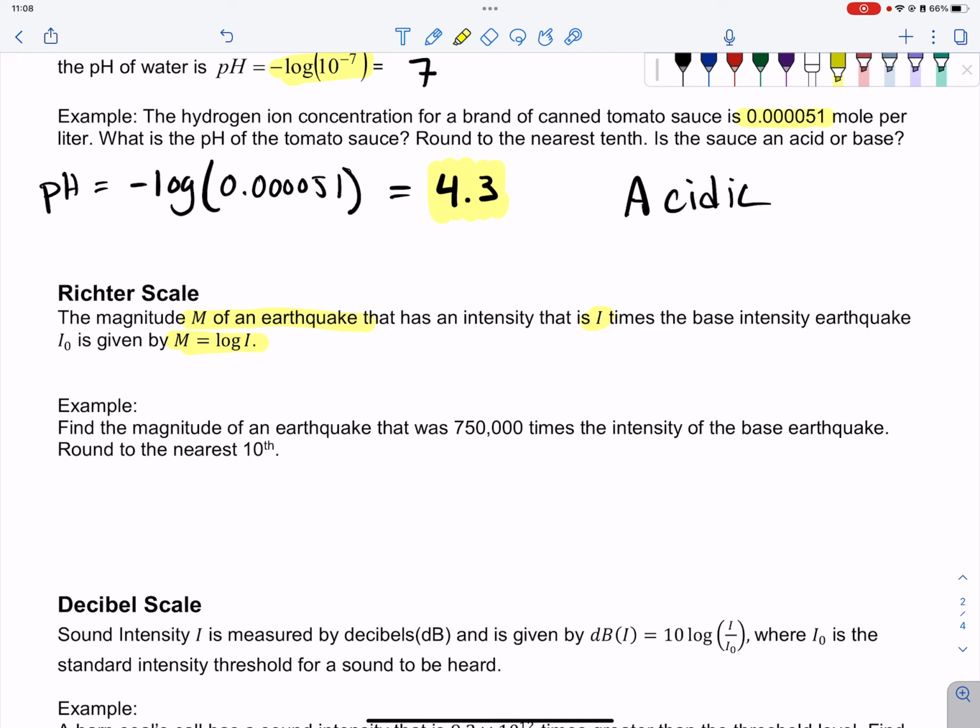So now, for an example, if we want to find the magnitude of an earthquake that was 750,000 times the base intensity of the earthquake, all we need to do is to take that intensity and put it into our formula for I. So our magnitude is going to be equal to log of 750,000.